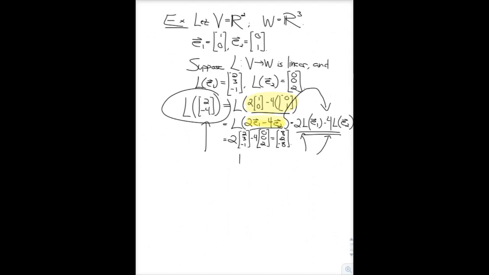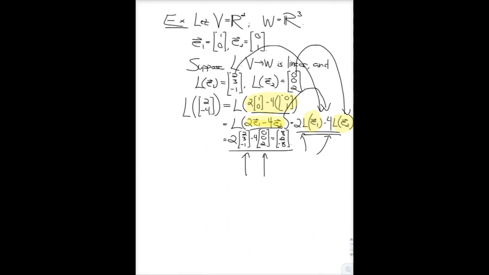But now I have the vectors L(E1) and L(E2) sitting right here and here, and I know what those vectors are. Those are precisely (2, 3, -1) and (0, 0, 2). And so, in the last line, I can replace L(E1) and L(E2) with (2, 3, -1) and (0, 0, 2) as I've done here.